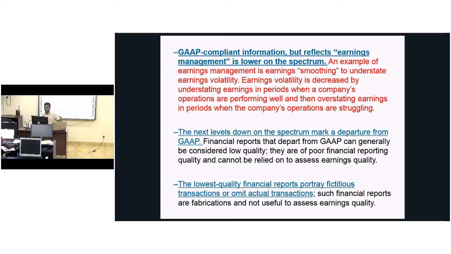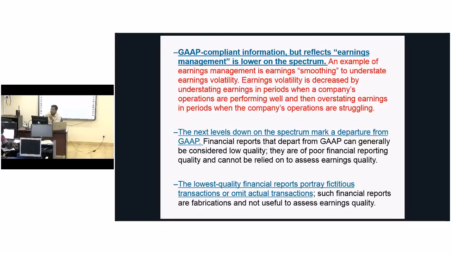So earnings volatility is decreased by understating earnings in a period when a company's operations are performing well and then overstating earnings in periods when the company's operations are struggling.